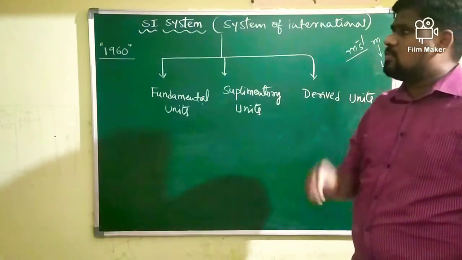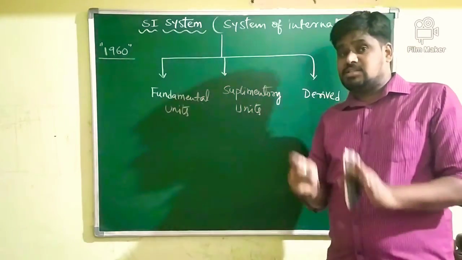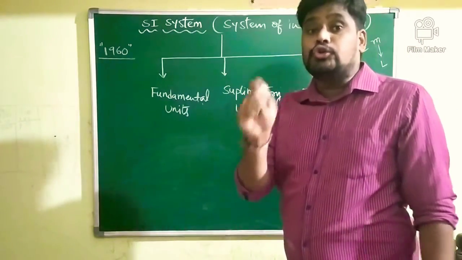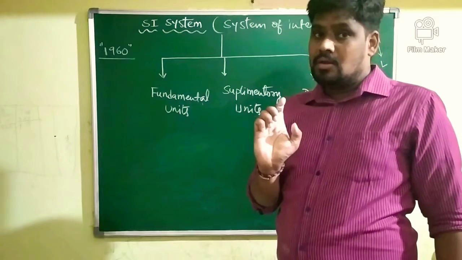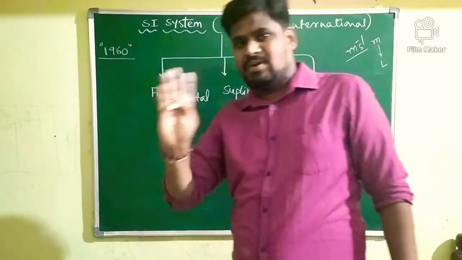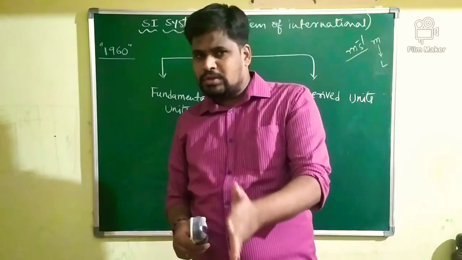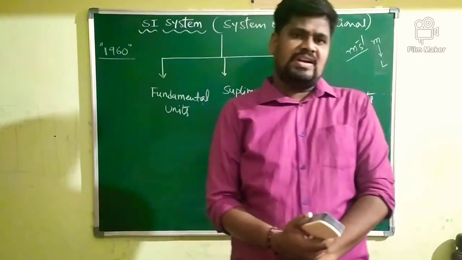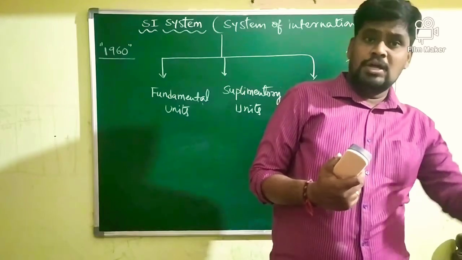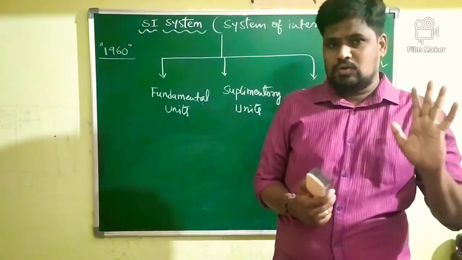What was the main theme of SI system? SI system provides units for how many fundamental physical quantities? 7 fundamental physical quantities. If you know the unit of fundamental physical quantities, we can easily write the unit for a derived physical quantity.